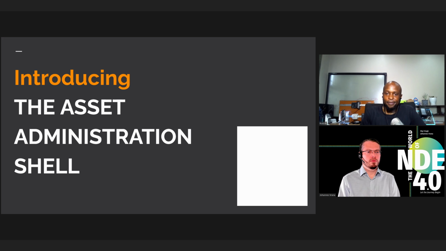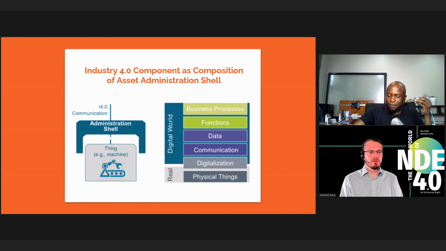Right, and now, before I end this session, I'm just going to briefly introduce the concept of the asset administration shell, right? Basically, the asset administration shell is a way of trying to come up with a unified model for describing Industry 4.0 components.